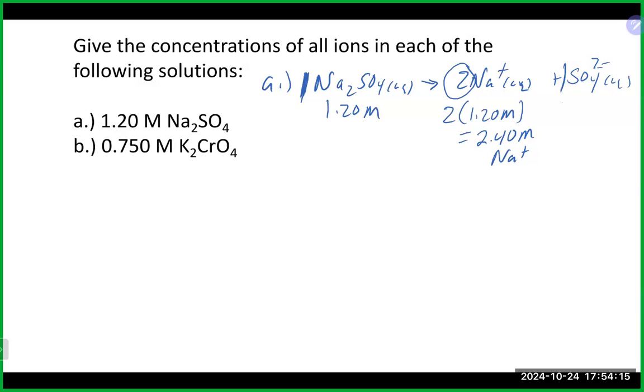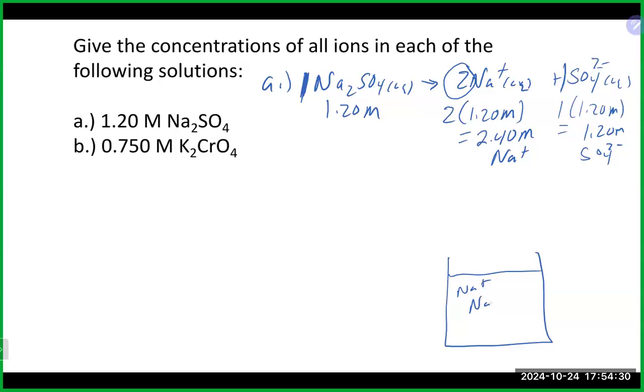So we're taking 1 times the 1.2 molar, and that's going to give us 1.2 molar for our sulfate. Again, when that drops into the solution, you get twice the amount of sodium for every sulfate that goes in, so it's twice as concentrated in sodium ions as it is in sulfate ions. Any questions on that one?